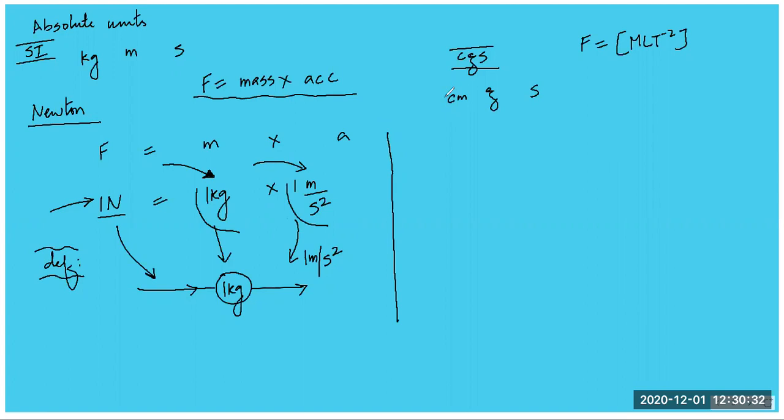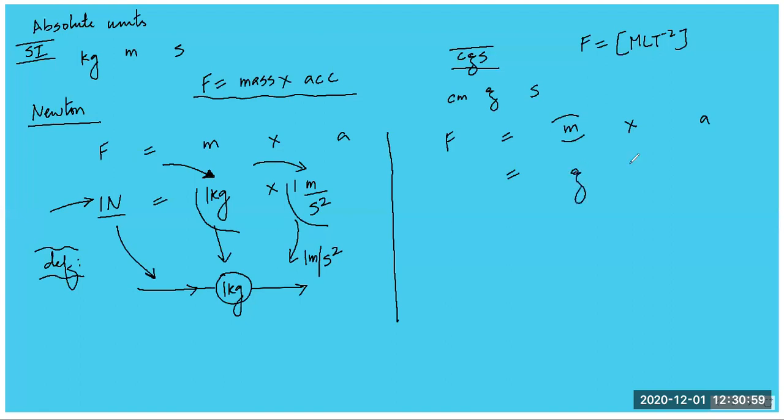All right, CGS system here. Again, F is equal to M times A. In CGS system, the mass is taken in gram.